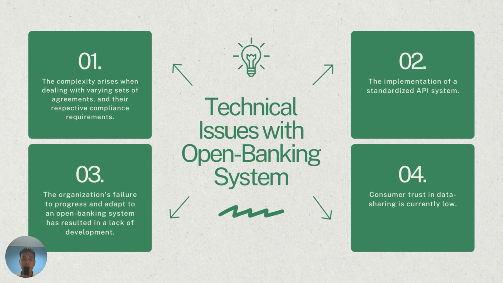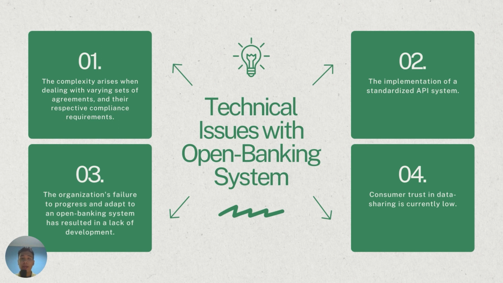But with each bank having their own agreements, and also each bank having their own software through APIs, third parties such as fintechs are having a hard time complying with each individual's rulebook. Secondly, there is the implementation of a standardized API system, as again there is no guidebook that determines the rules for standardized software.